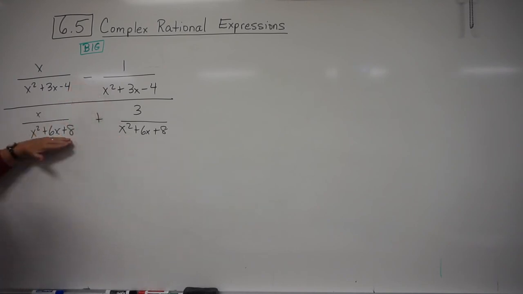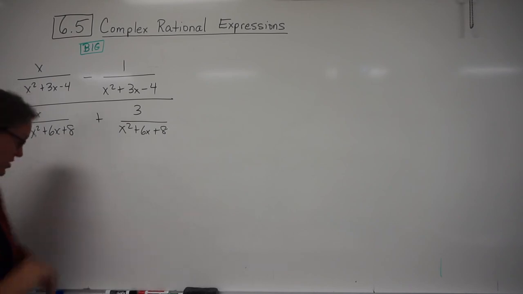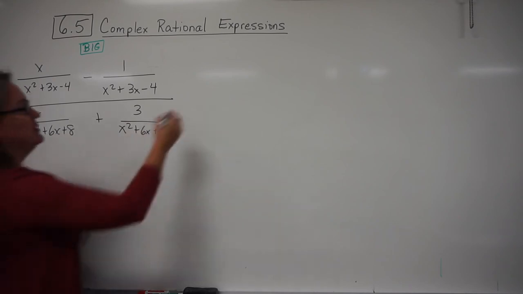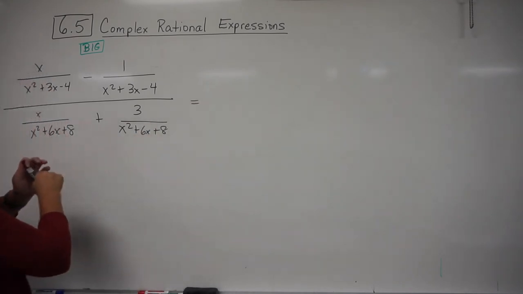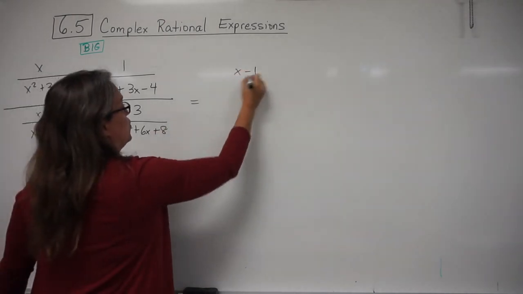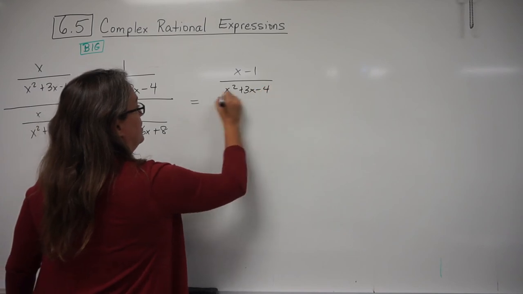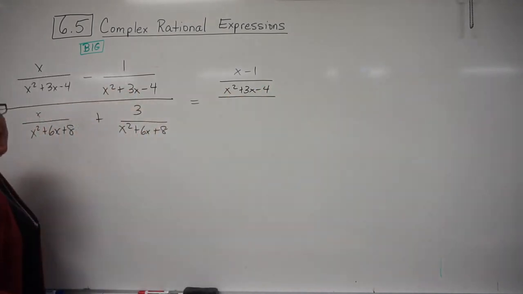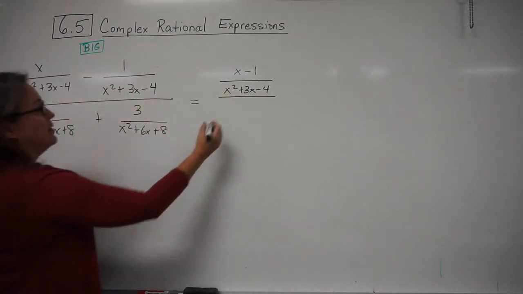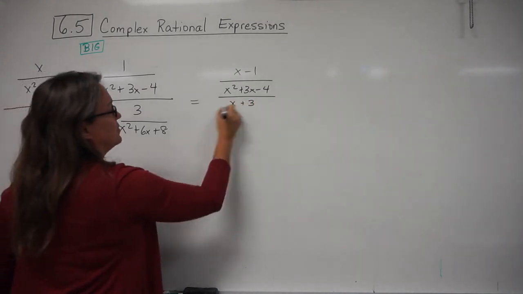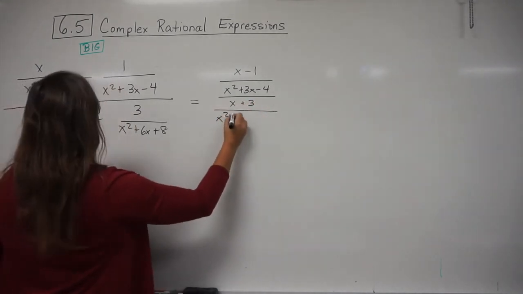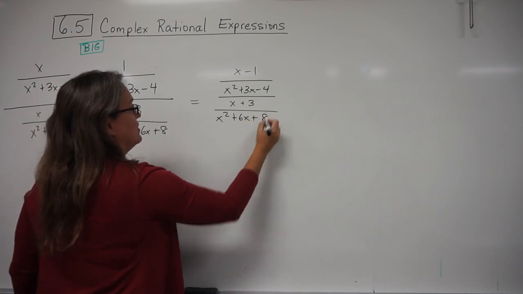Aren't these denominators the same, so we can just do the addition there? So let's go ahead and clean this up a little bit. Up top, you just have x minus 1 over x squared plus 3x minus 4, because the denominator's already matched. On the bottom, you get x plus 3 over x squared plus 6x plus 8.